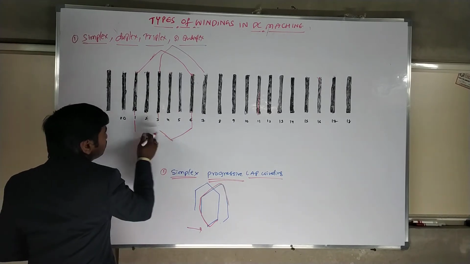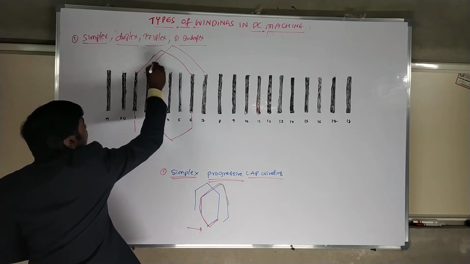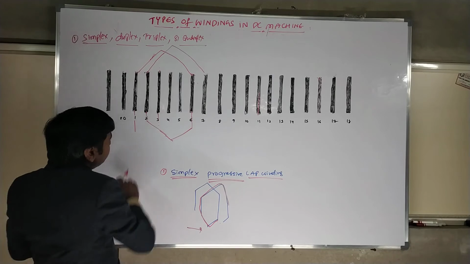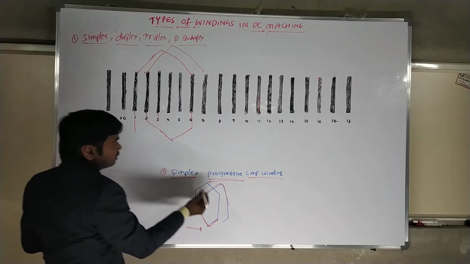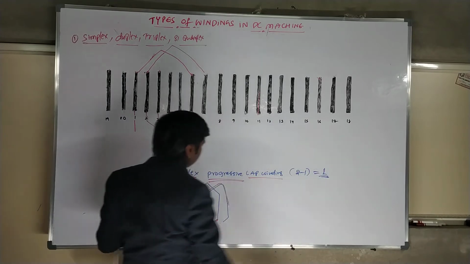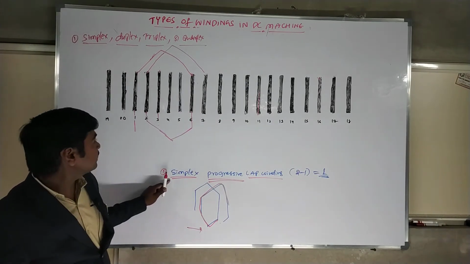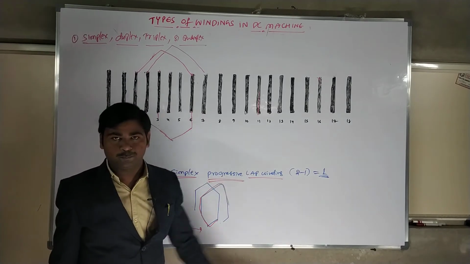The next conductor should be the second after the first conductor. What is the difference in winding pitch? 2 minus 1, so winding pitch is 1.